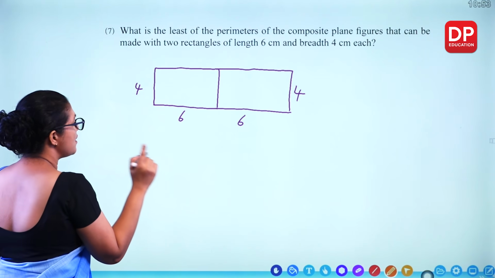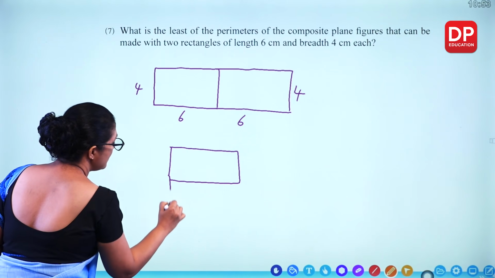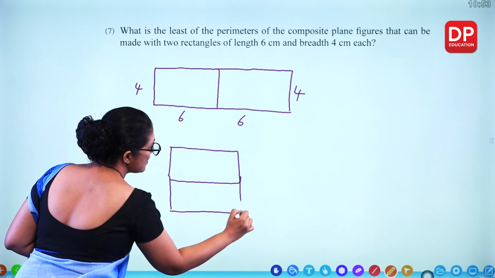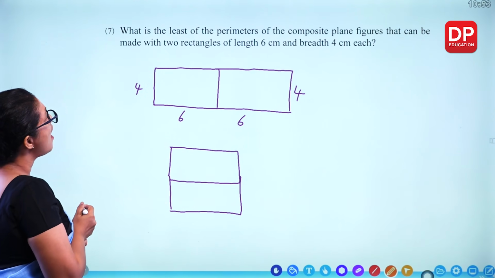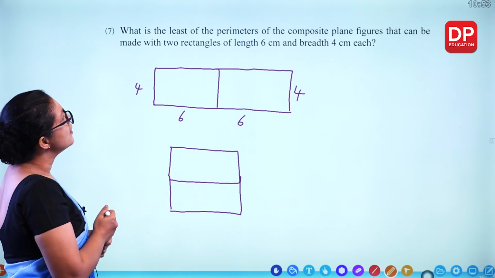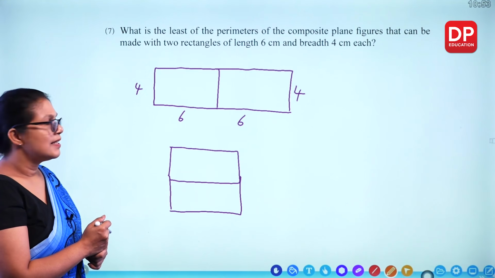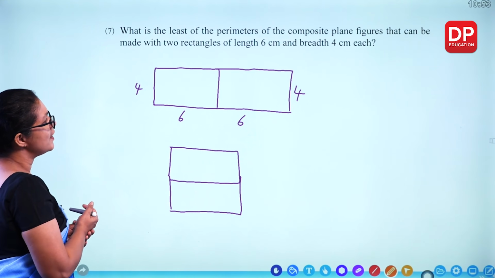Or you can combine with the length side. Now they are asking the least of the perimeter. Least of the perimeter means the lowest value.